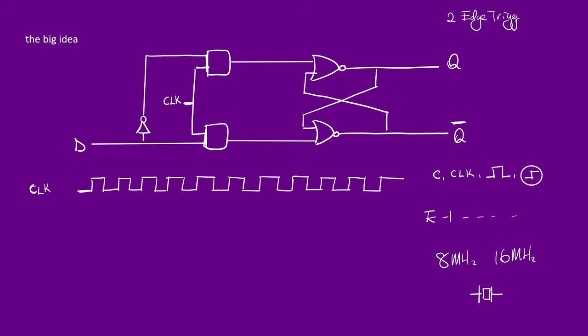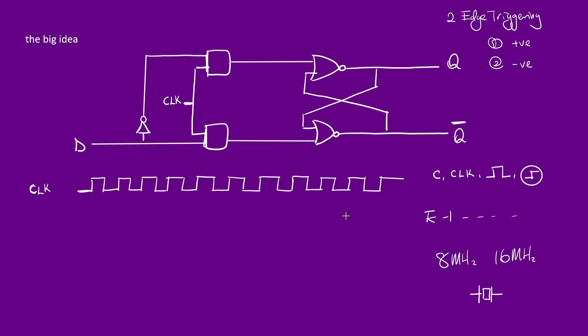The first one is positive, and the second is negative edge triggering. I'll explain this right now actually. So let's look at this. So now instead of us noticing when the enable is high, let's implement the positive edge triggering first.